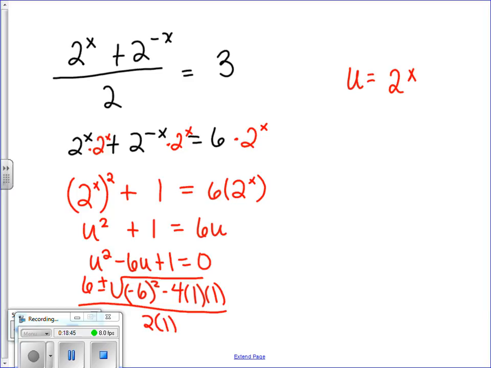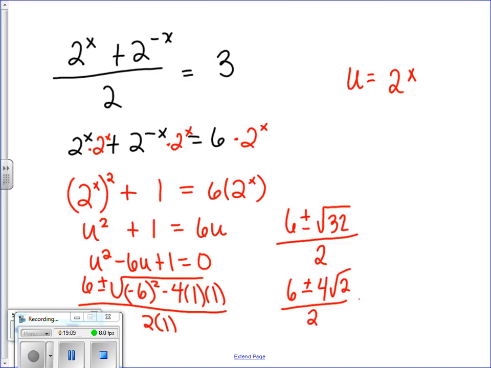So I'm looking at 36 minus 4, right? Which is 32. So that's going to be 3 plus or minus 2 square root of 2.